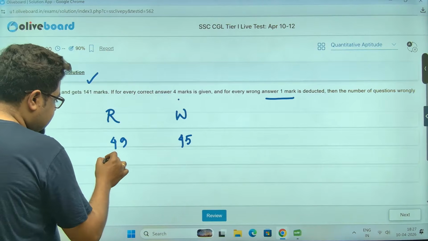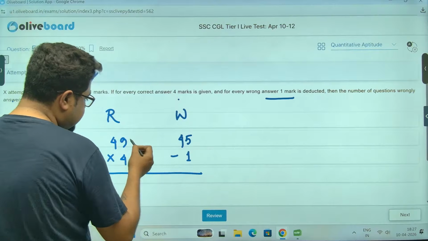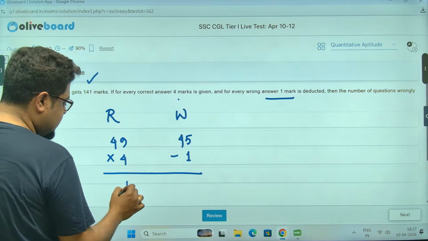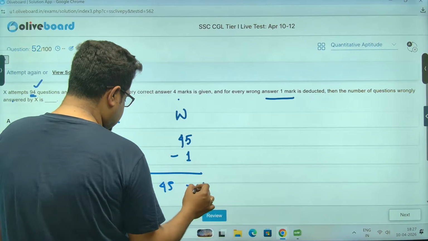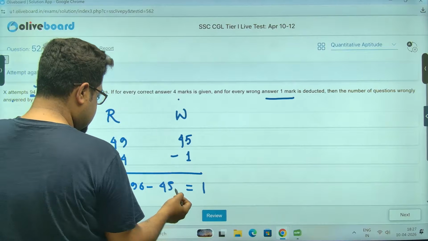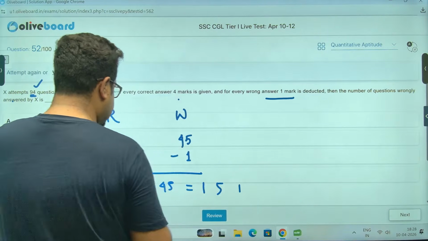So here he will get this much plus, this is minus. Let's calculate this. This is 200 minus 4, sir. That is 196 minus 45. Is it 141? Yes, 141. So this is 1 here, 19, this is, sir, 151 I'm getting.